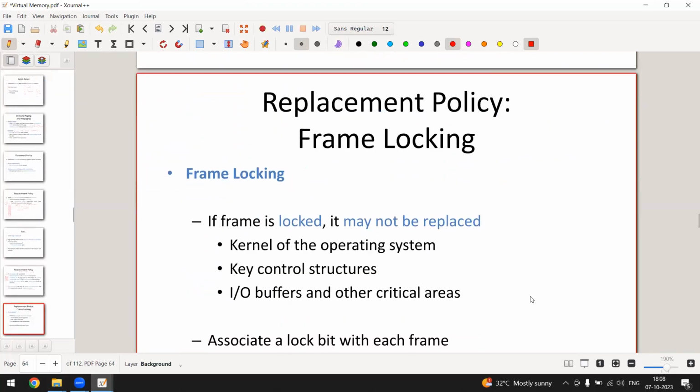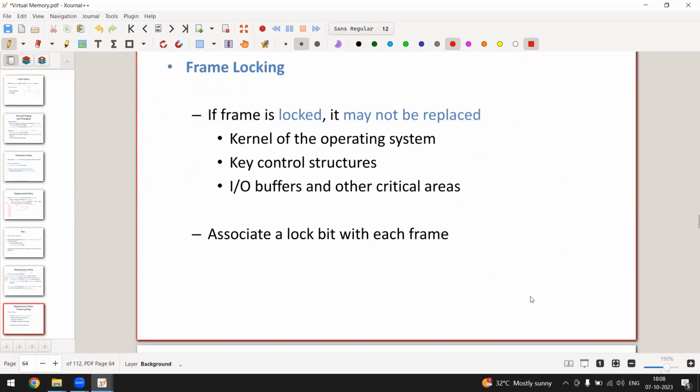Before the replacement policy, there is one more topic, frame locking. What is the meaning of frame locking? If some frame is locked, it means that it may not be replaced. Why? There can be many reasons.